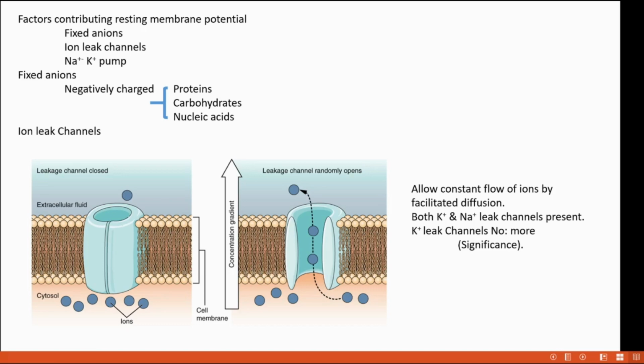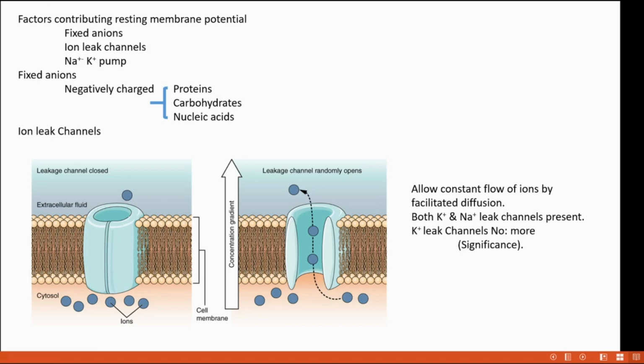Then what about sodium? Sodium is more outside. So, its trend is to move from outside of the cell to inside of the cell according to the concentration gradient. That flow is facilitated by ion leak channels with the presence of some carrier proteins.